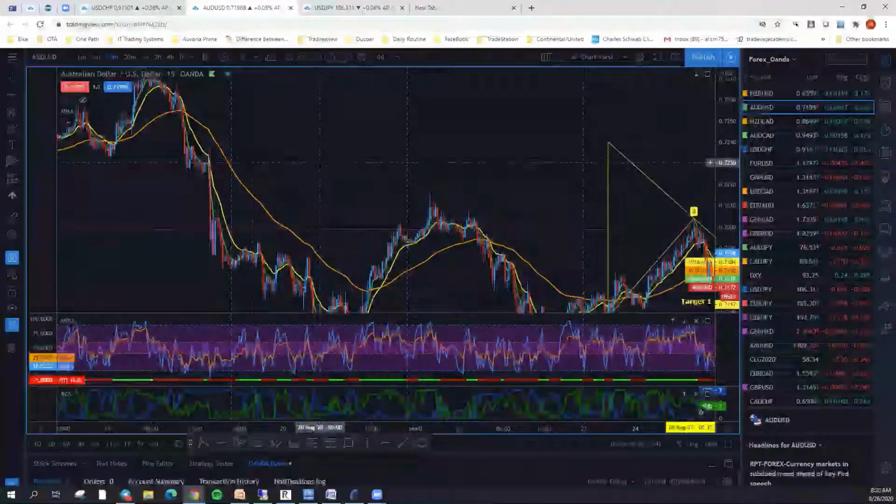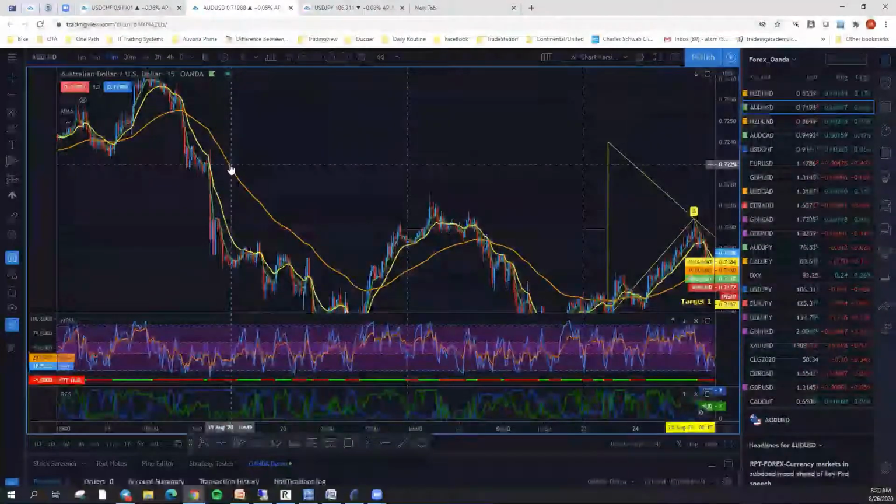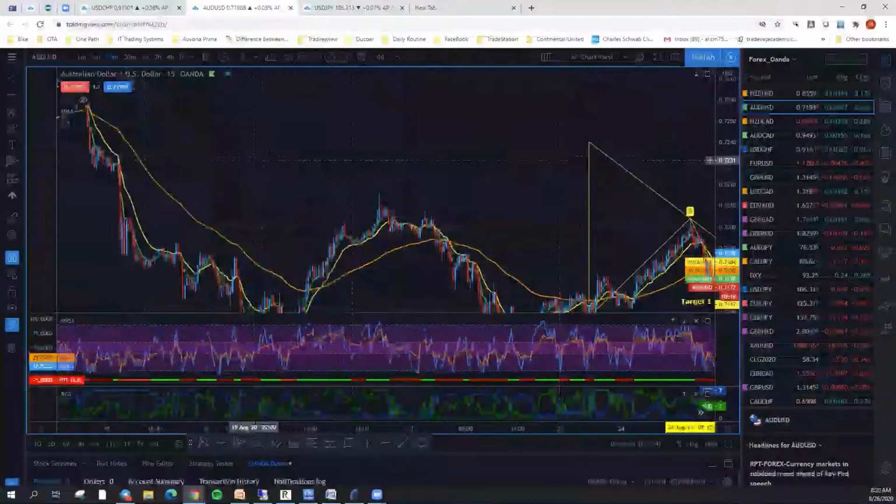I'm going to be looking, here's this nice big red wick right here. Here's the target up in this area. So I'm going to find this wick.